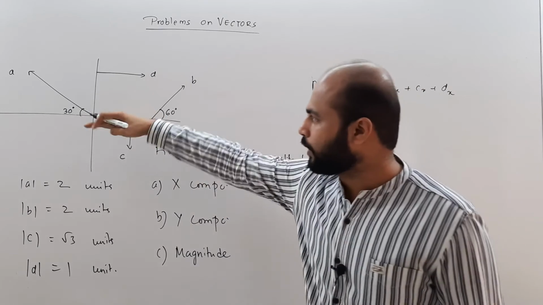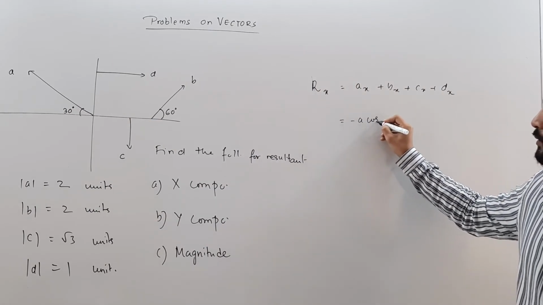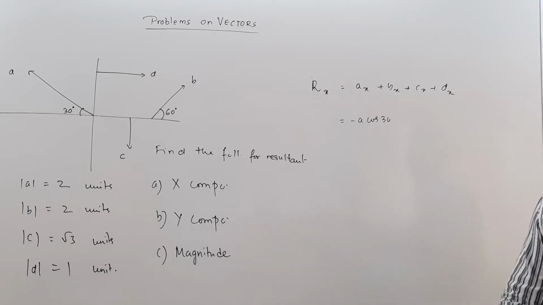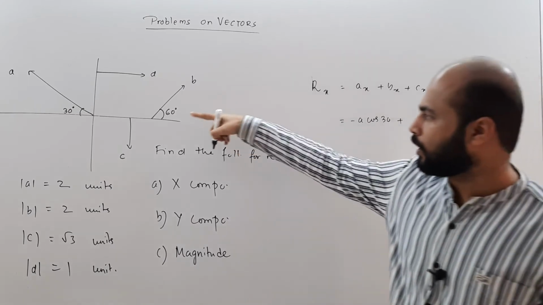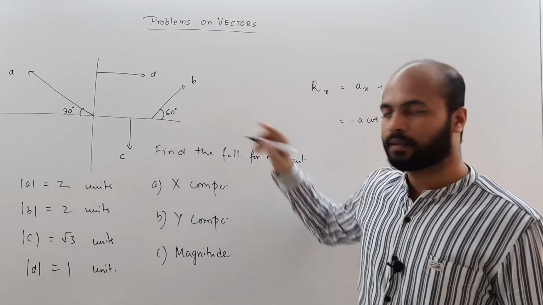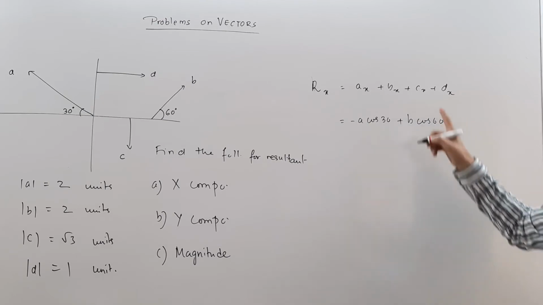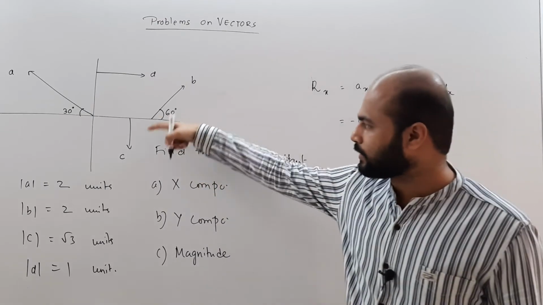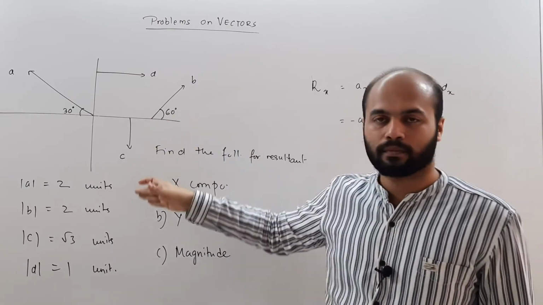So Ax is going to be minus A cos 30. Bx is going to be along this direction, that is B cos 60. Cx is not there because I told you that the entire vector C is along y direction.